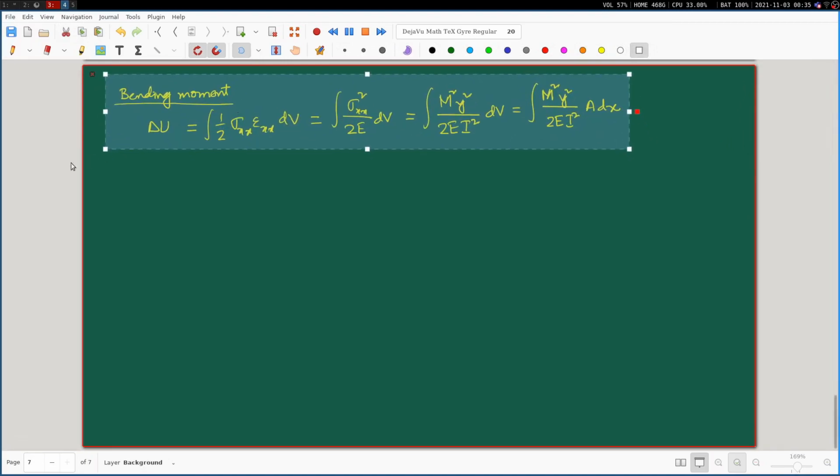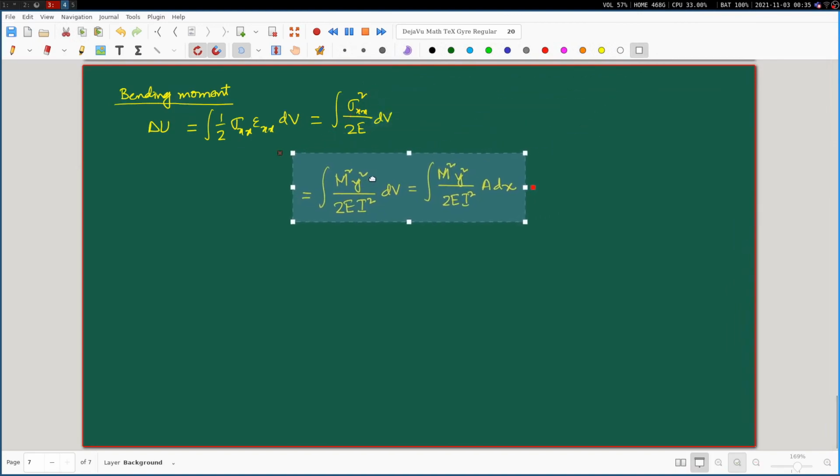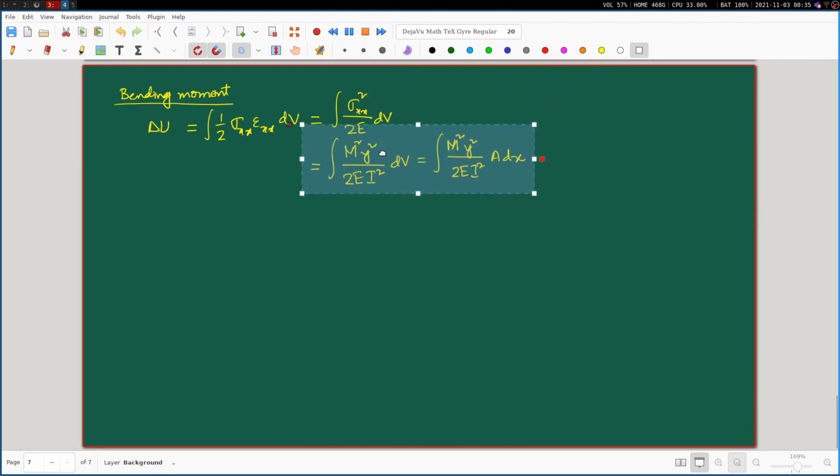Now what I want to do is decompose this single integration over the entire volume into something like this.